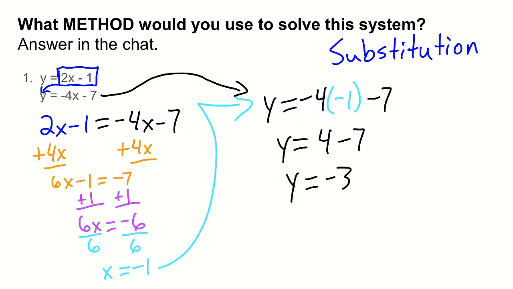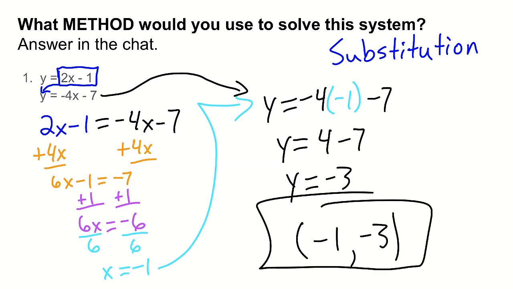So our solution to the system of equations is the point -1, -3, and we could check that by plugging in -1 and -3 into our two equations. If we plug -1 in here, this is -2. -2 minus 1 is -3, so that checks.